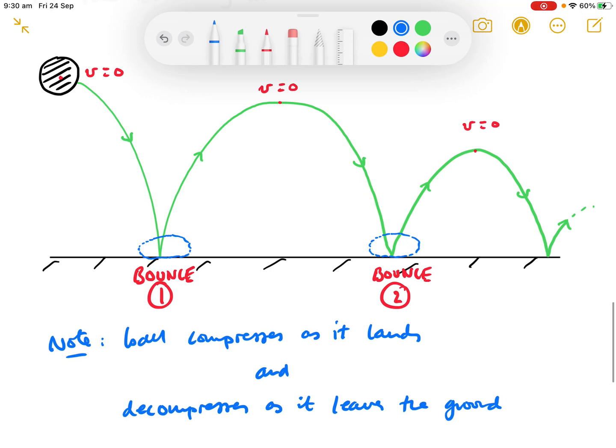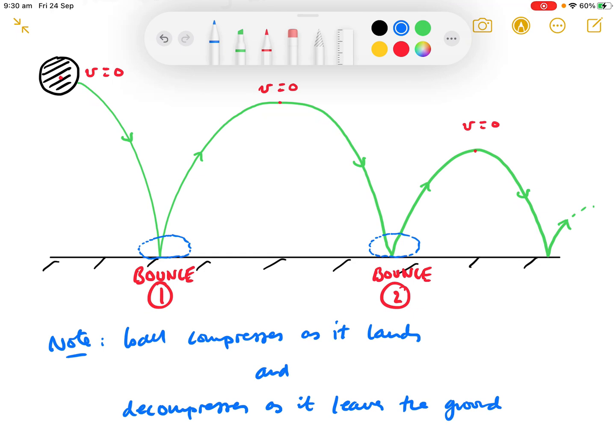Now, compress just means it gets squashed, and decompresses, because the ball has got a kind of springiness, the decompression is when the squashing has reached its maximum and then it opens up again back to its normal round size.